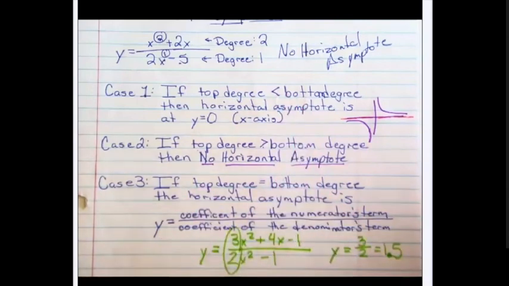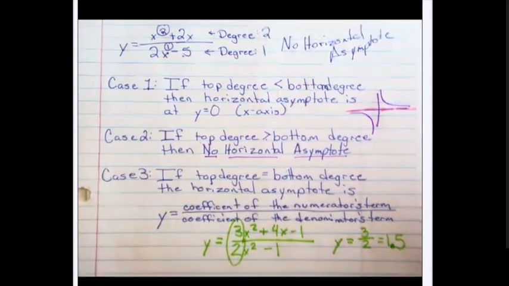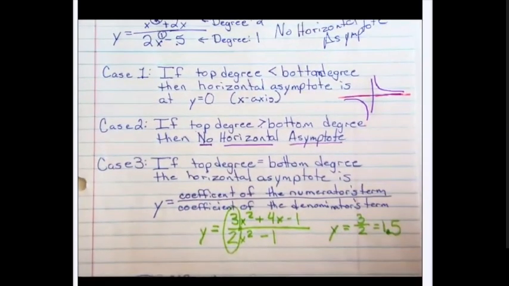The trickiest one is case number 3. If the top degree and the bottom degree are equal to each other, so like this example here, I've got 3x squared and 2x squared. The biggest exponents are the same. Then it's going to be y is equal to the ratio of the coefficients.